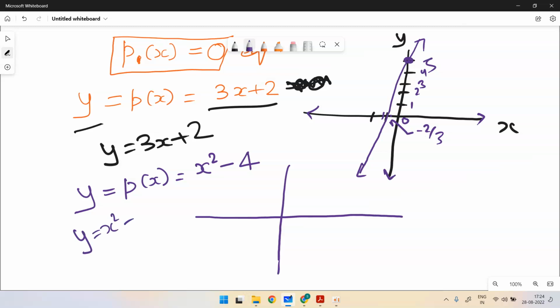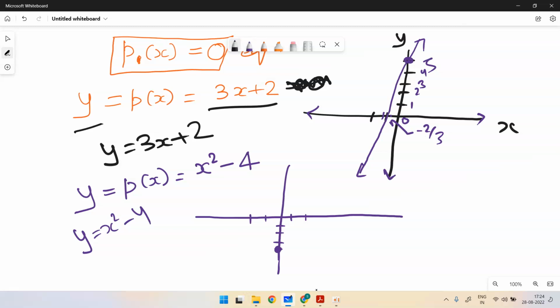x square minus 4. If x equal to 0, y is minus 4, and if y equal to 0, x is plus minus 2. And if you see this graph, this is like this.